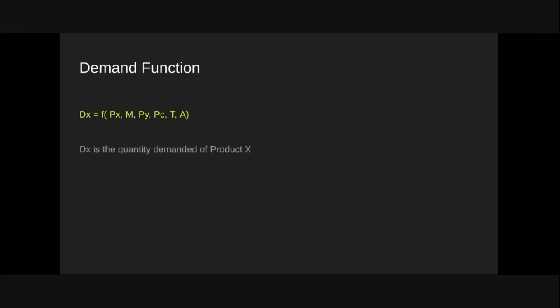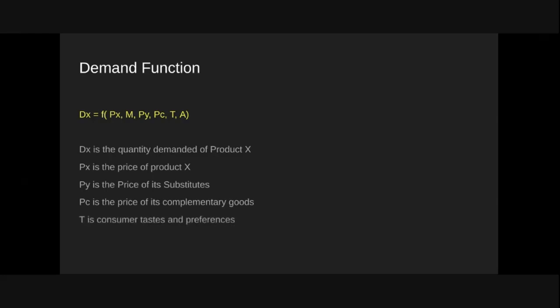Dx is the quantity demanded of product X. Dx is a function of Px, the price of the product X; Py, the price of its substitutes; Pc, the price of its complementary goods; T, consumer tastes and preferences; and A, the advertisement expense made on product X.